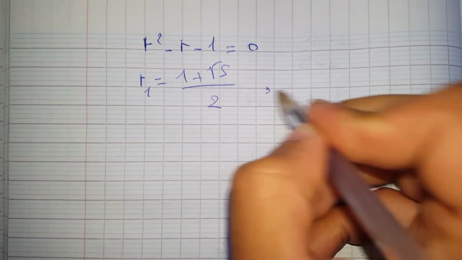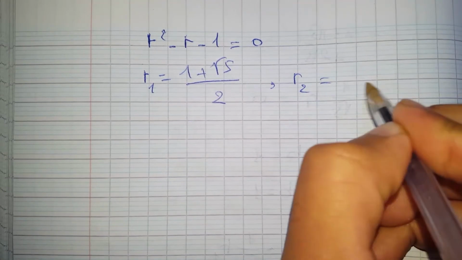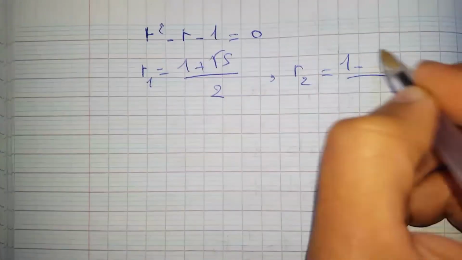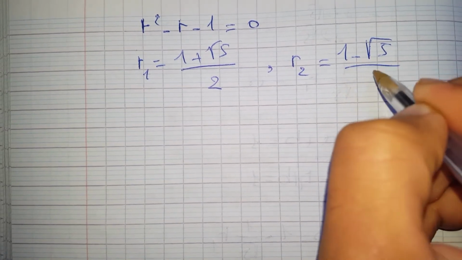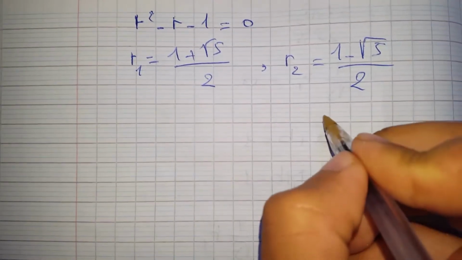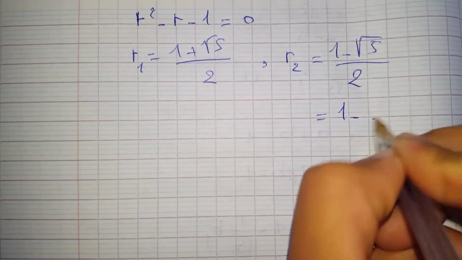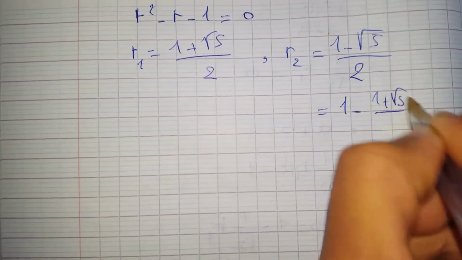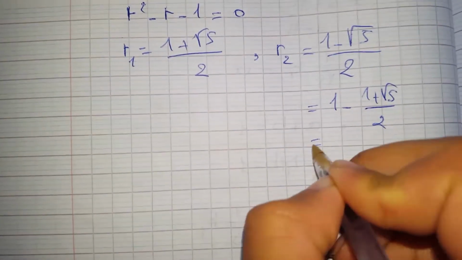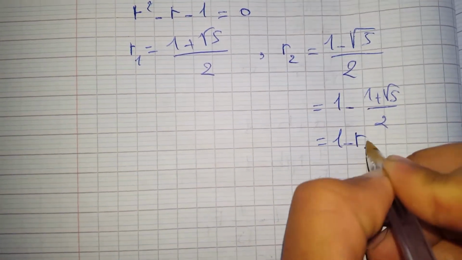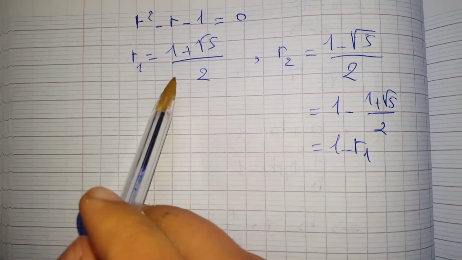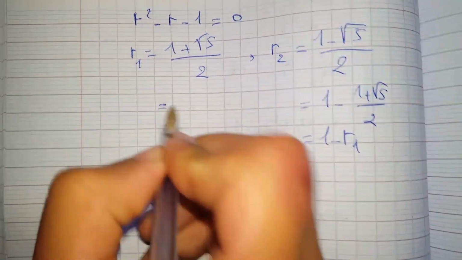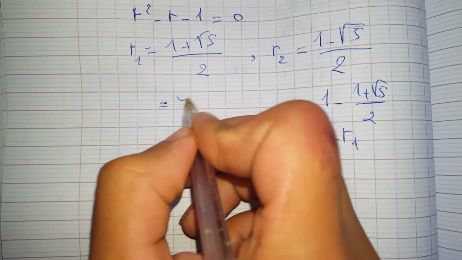And r2 is 1 minus square root of 5 over 2, and that is 1 minus r1, and r1 is phi, named the golden ratio.